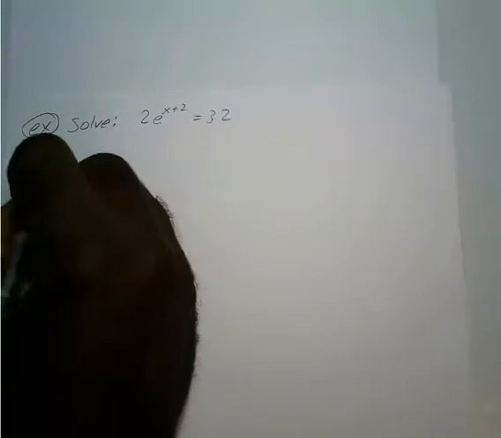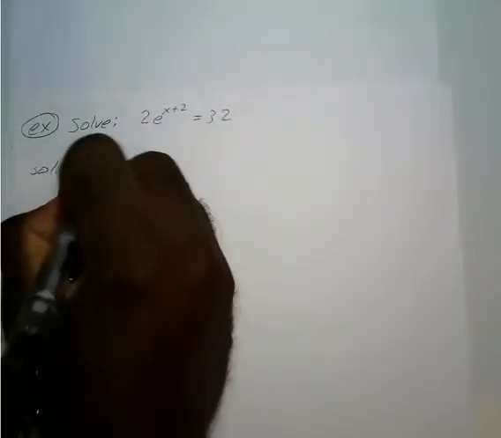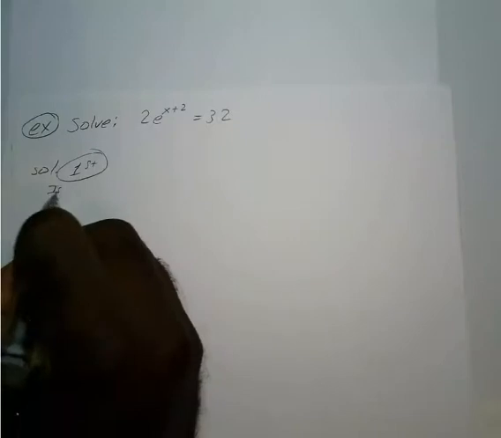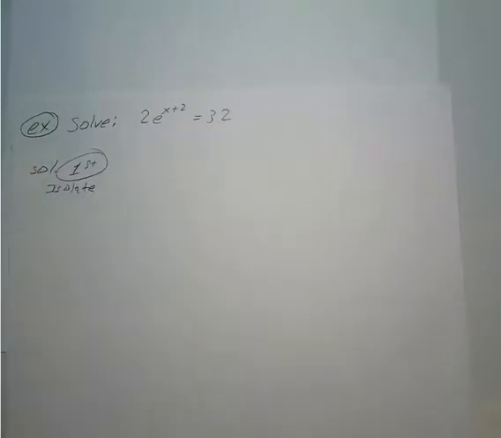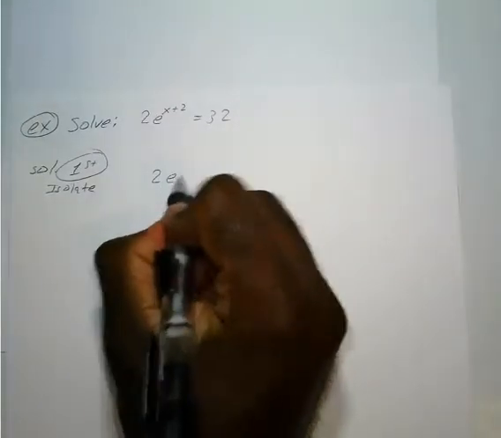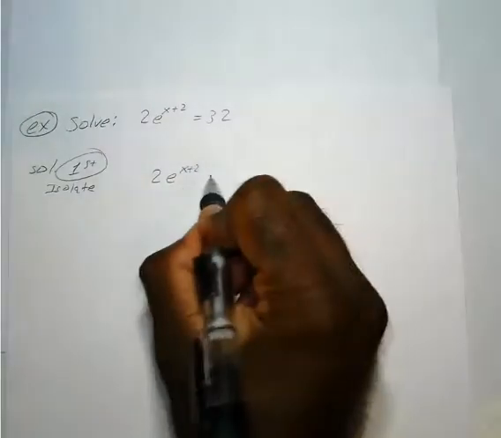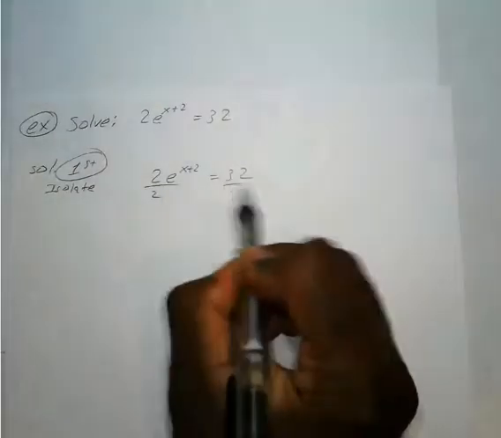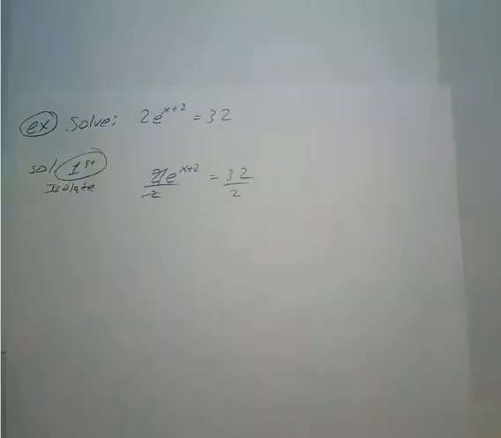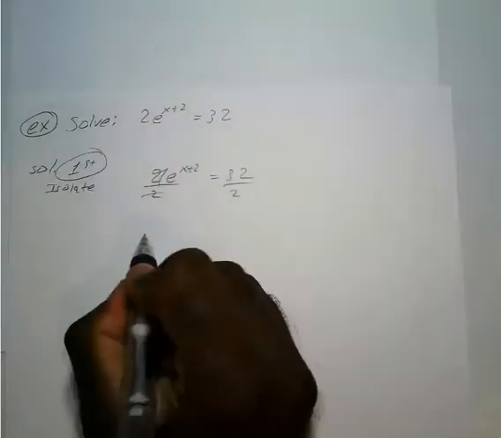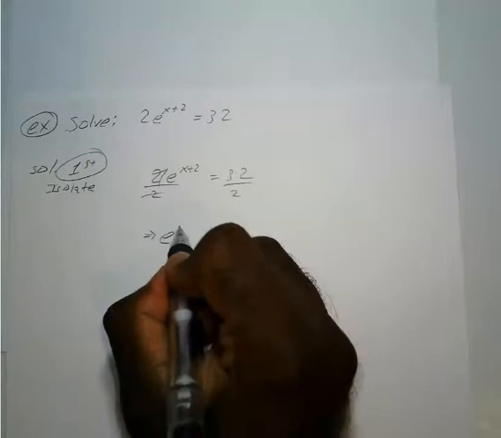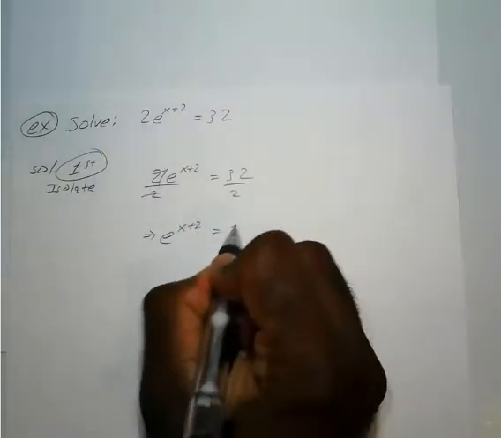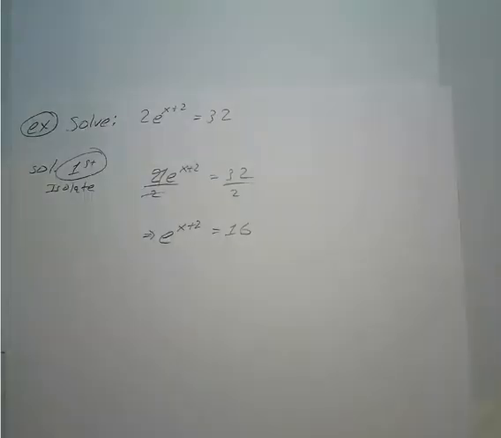Just like before, your first step, you want to isolate your e value. So if you have 2 times e to the x plus 2 equals 32, we're just going to divide both sides by 2. That gives us e to the power of x plus 2 equals 16.